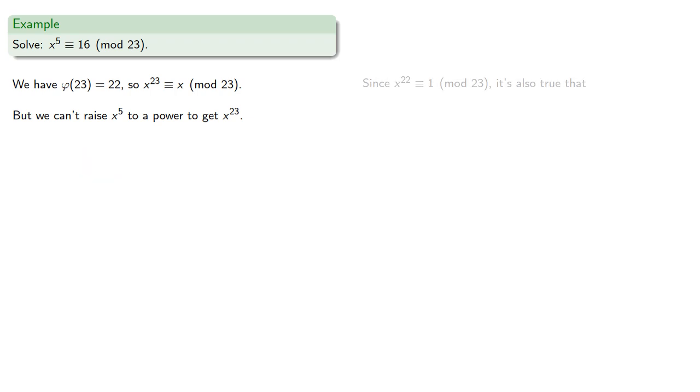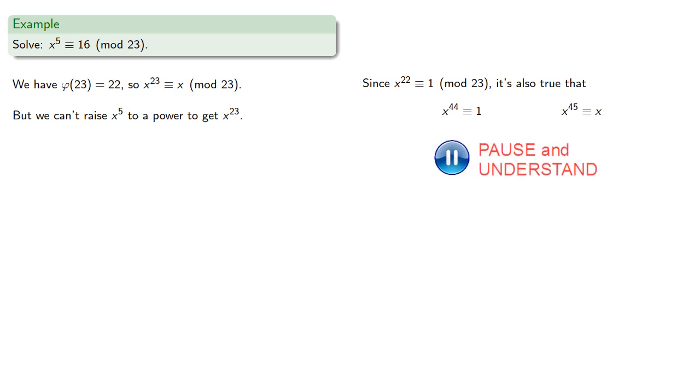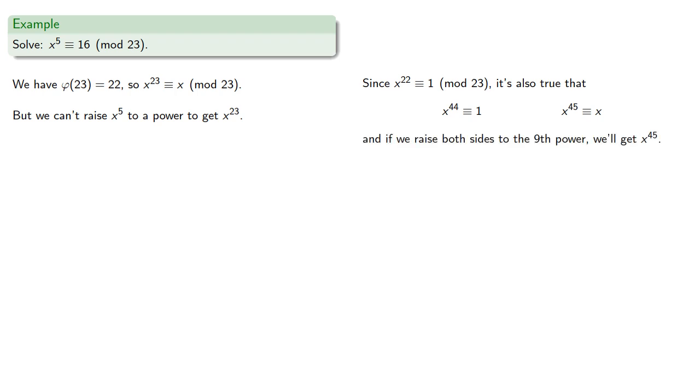But since x to the 22 is congruent to 1 mod 23, it's also true that x to the 44th is congruent to 1, and that means x to the 45th is congruent to x. And now, if we raise both sides to the 9th power, we'll get x to the 45. So raising both sides to the 9th power allows us to compute x directly.